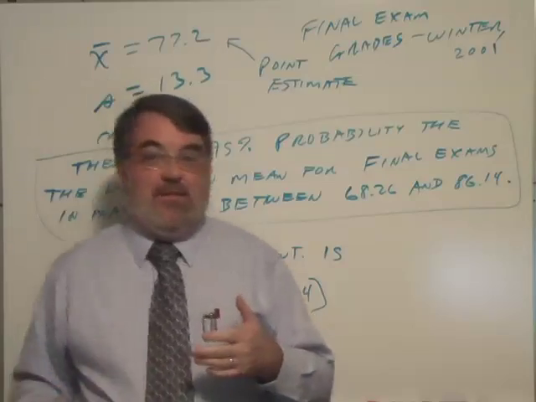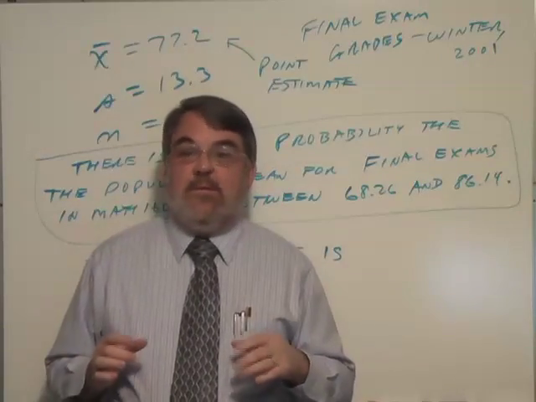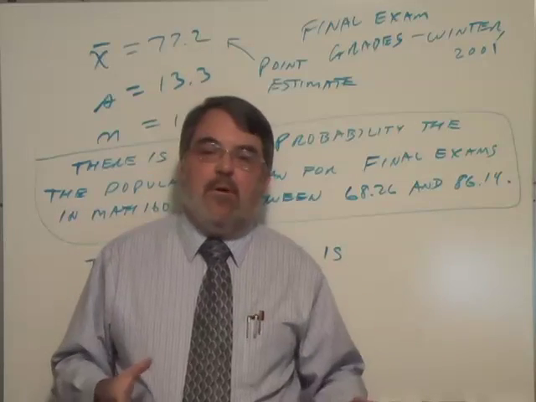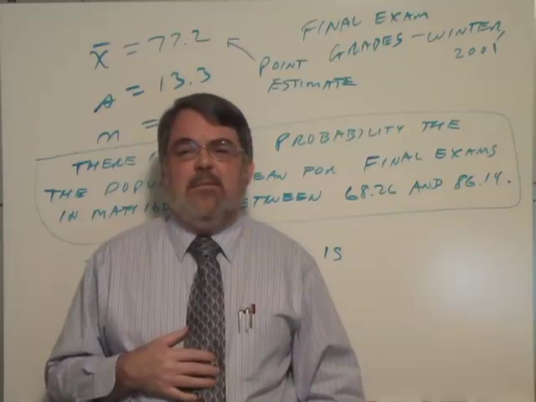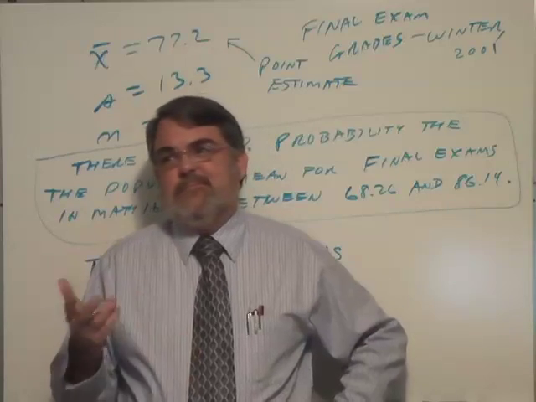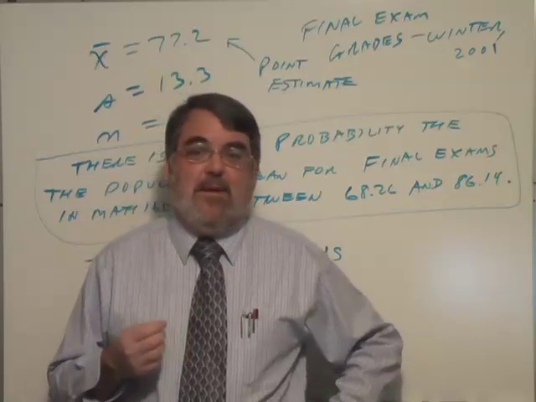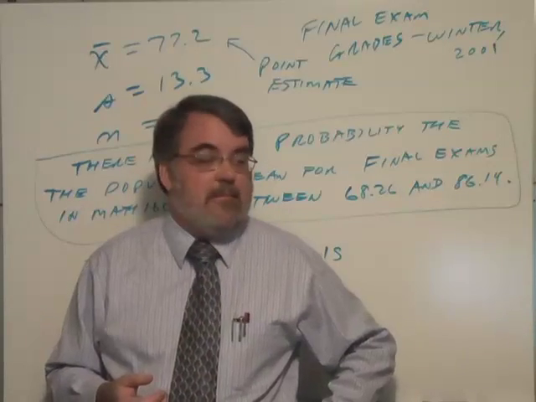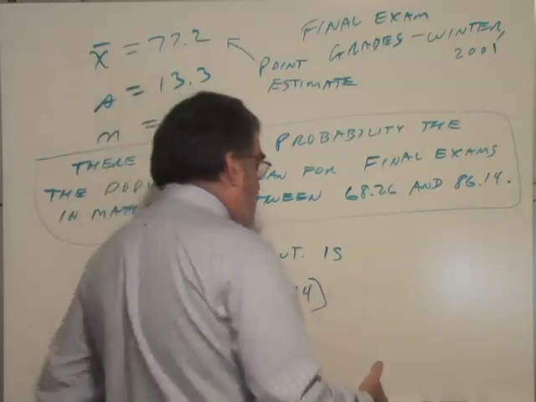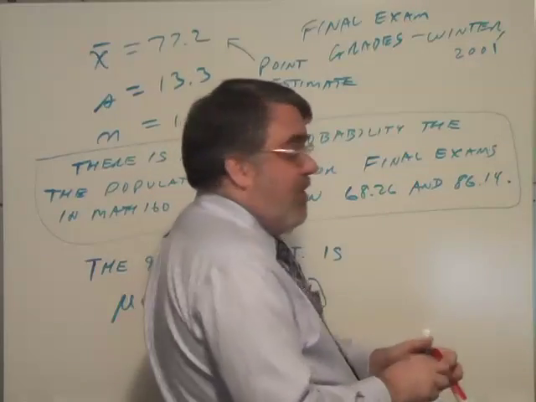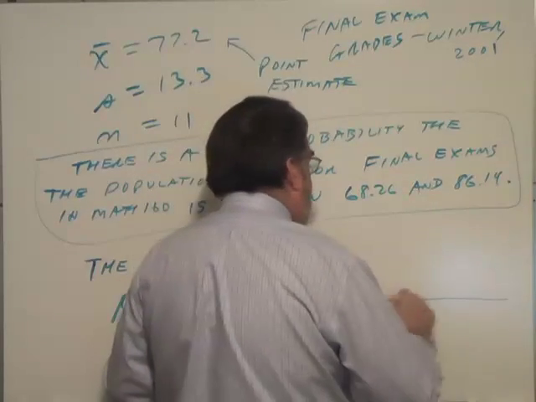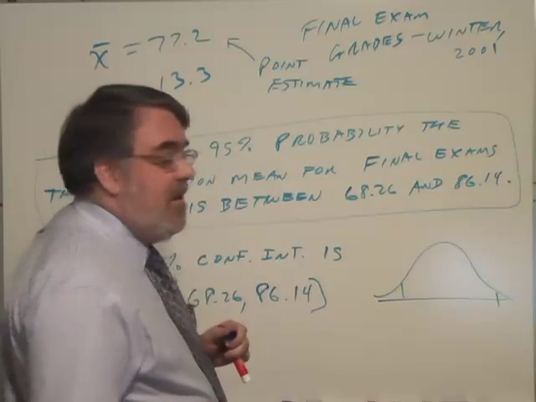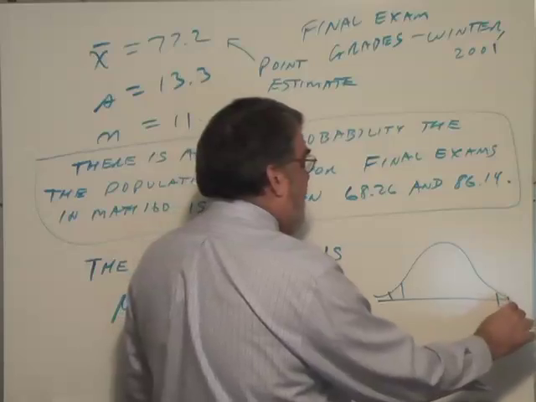Now, here's another consideration. We talked about 95% confidence. That means I'm going to be wrong 5% of the time. Well, what if I wanted to be wrong 2% of the time and be 98% confident? What would happen to our confidence interval? Well, recall on the bell curve, 95% was here. If I went to 98%, that would spread it out even farther.